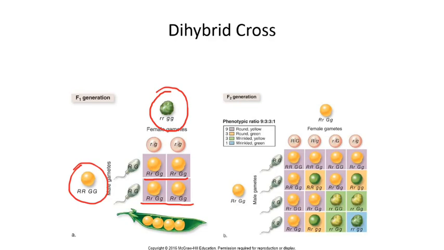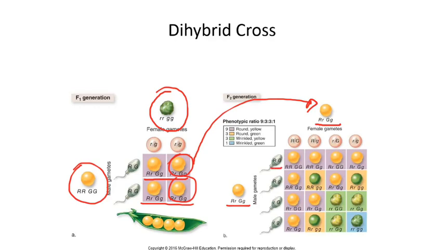When we take 2 of these and cross them in the F2 generation, we're taking these heterozygous individuals and we're going to cross them. When we look at their gametes, their eggs and their sperm, there are 4 different options.